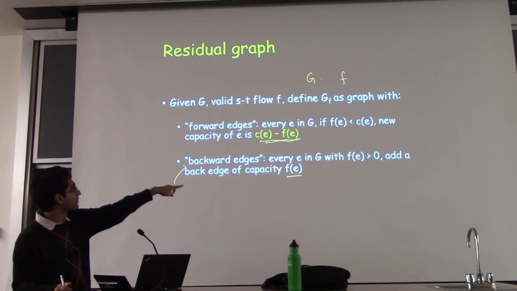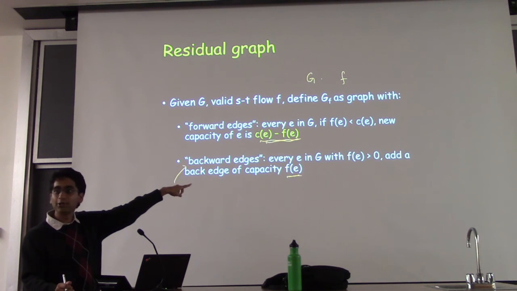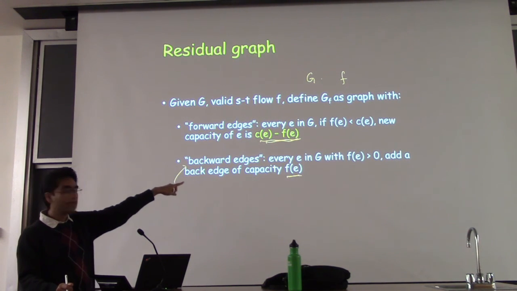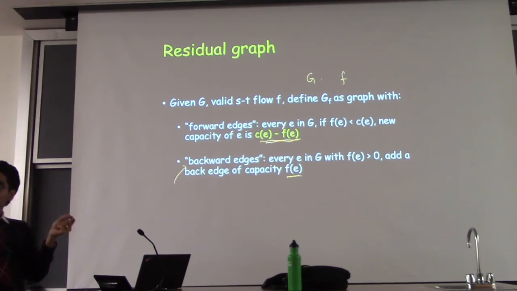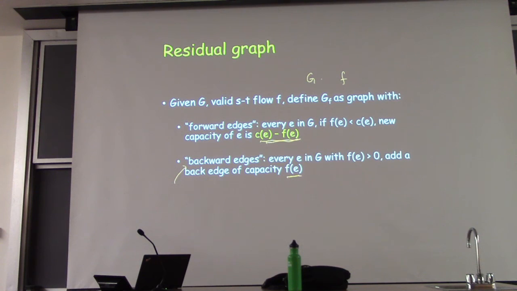So the capacity of the back edge is only the flow that you already sent, which means if you used that edge in your new path, the most flow you could have sent on that edge is Fe. So it is possible to legitimately cancel out the original flow you sent, but you can't have a negative edge, basically. That's what this is saying.